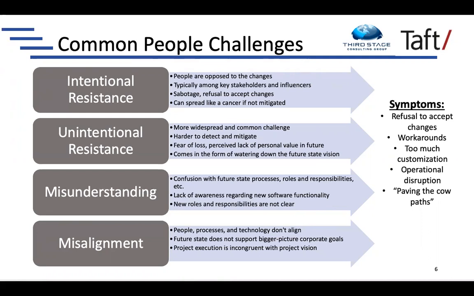So really, the better we can create awareness and understanding of what the changes are and what it means to them personally, the better off we're going to be. And then finally, we talked yesterday about misalignment. If people internally are misaligned, the people, processes, and technology don't align in some way.